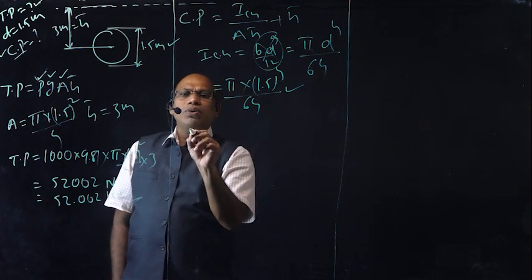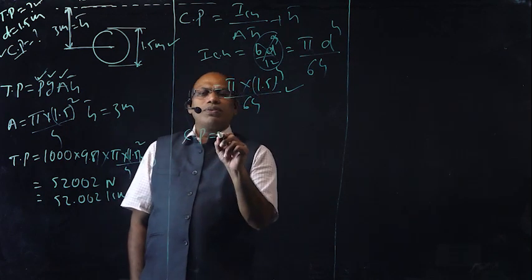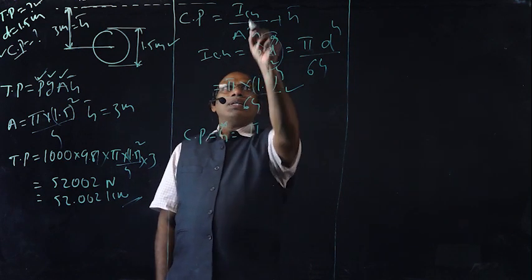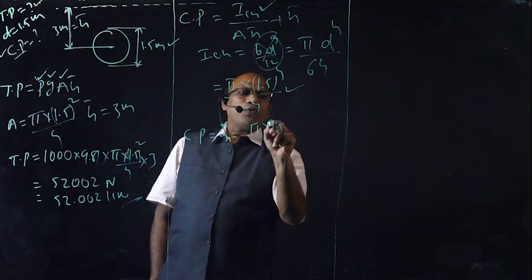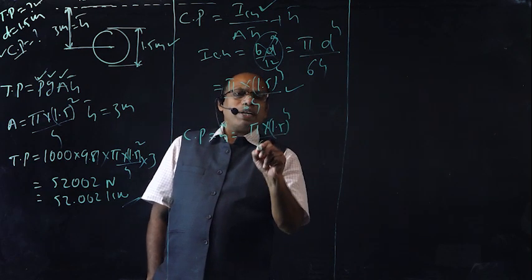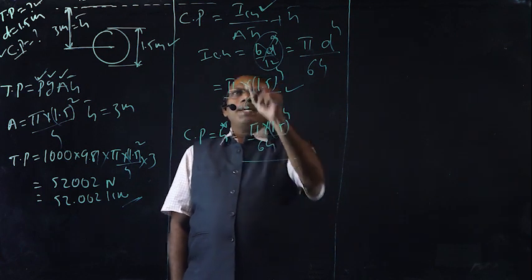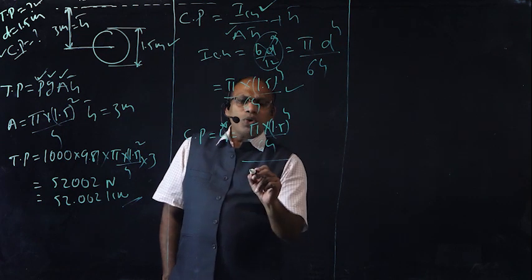Center of pressure Cp or H star is equal to moment of inertia about the center, that is equal to pi into 1.5 power 4 divided by 64, divided by area, that is equal to pi d square by 4.